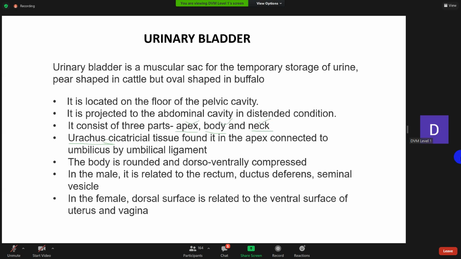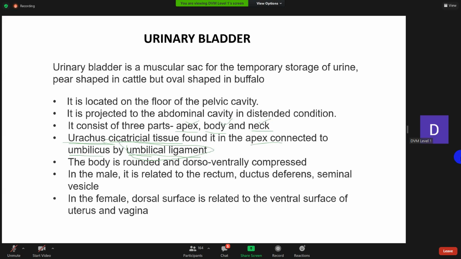The cicatricial tissue found in the apex is connected to the umbilicus by the umbilical ligament. That means the apex of the urinary bladder is attached to the umbilicus by a ligament in the embryo. This ligament afterward forms a cicatricial tissue. That cicatricial tissue is known as urachus. Then I will show you in the next slide what is the urachus, and it is the remnant of the umbilical ligament.